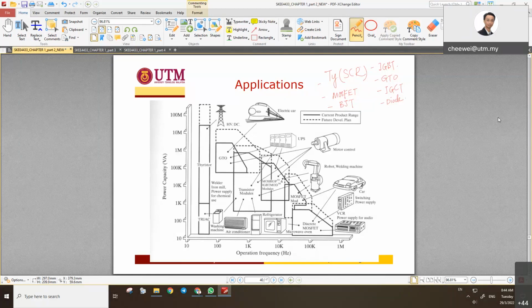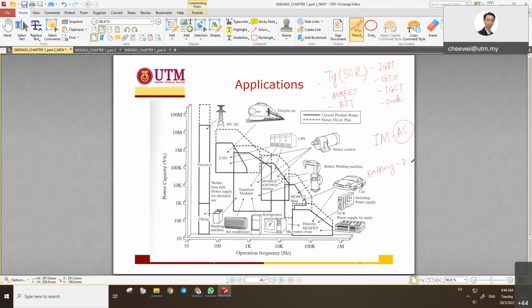Induction motor is considered medium power. Is an induction motor AC or DC? AC. Because EV cars are supplied by battery.